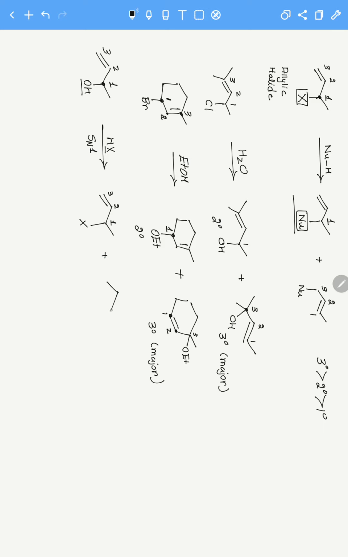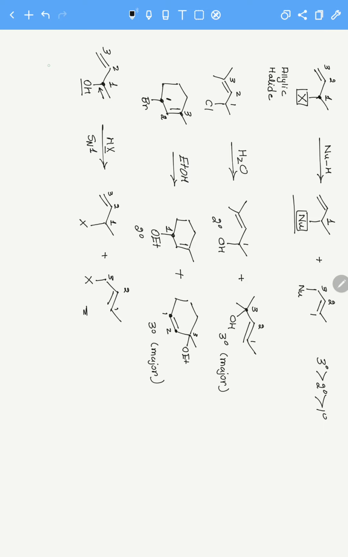And in the second one, my double bond will move to be between position 1 and 2, and then X will be at position 3. Now always remember to get rid of this bond when you are drawing this product, because this is one of the most common mistakes that students make.